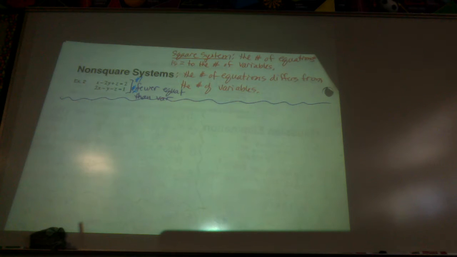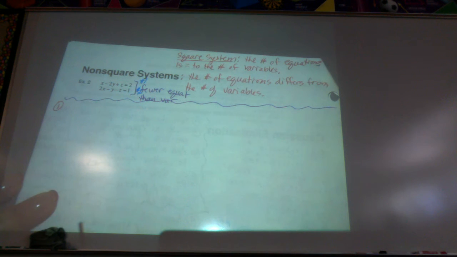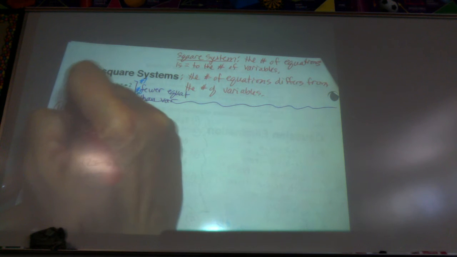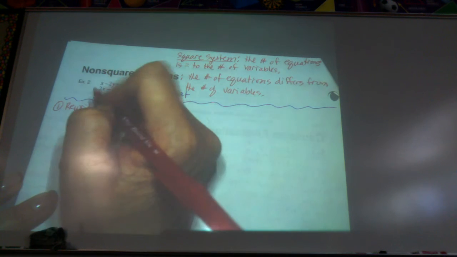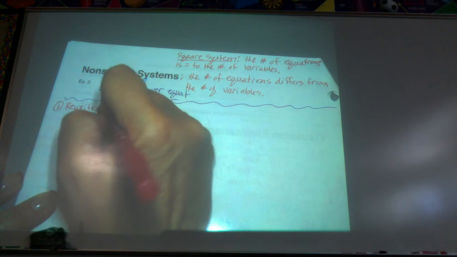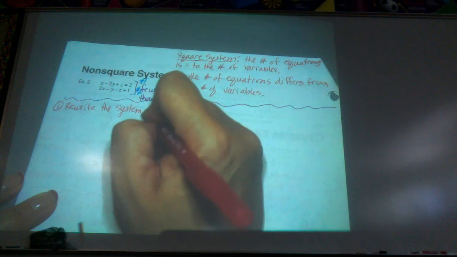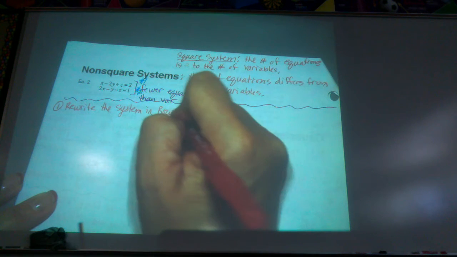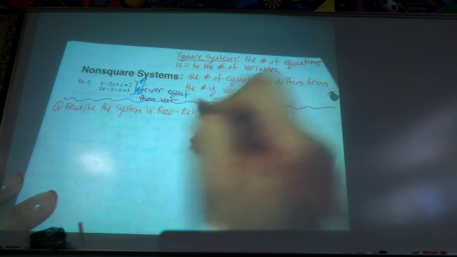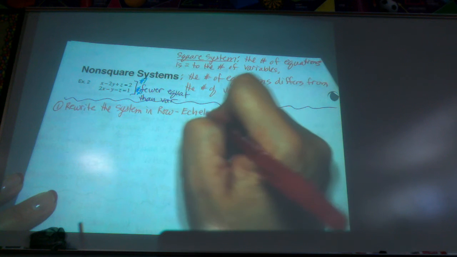You ready? Okay, step 1. Here we go, and you really want to know the process for this one. So your first step for this one is to rewrite the system in row echelon form.